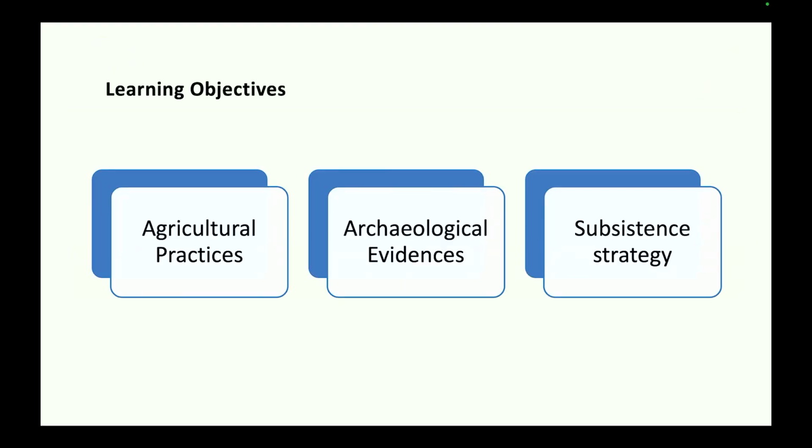The learning objectives of this lecture are to understand the agricultural practices of the Harappans, to know the archaeological evidences which give information regarding the Harappan civilization, basically related to the flora, and to trace the subsistence strategy of the Harappans on the basis of flora.